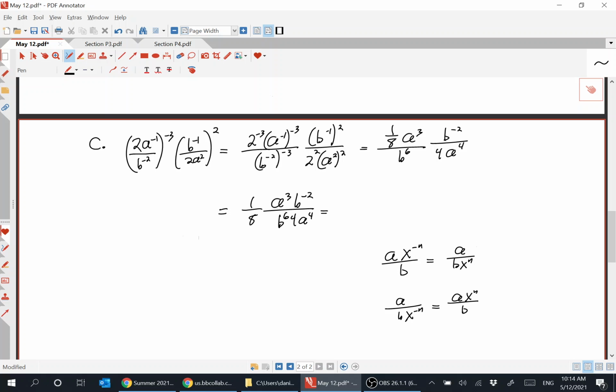If you have a fraction and a factor with a negative exponent up top, you can bring that down below and make that exponent positive. Or if it's down below, you can bring it up top. So we're going to apply this here with this b to the negative 2.